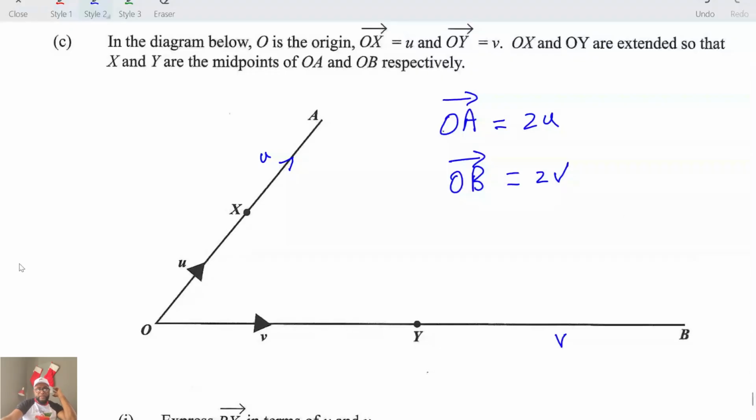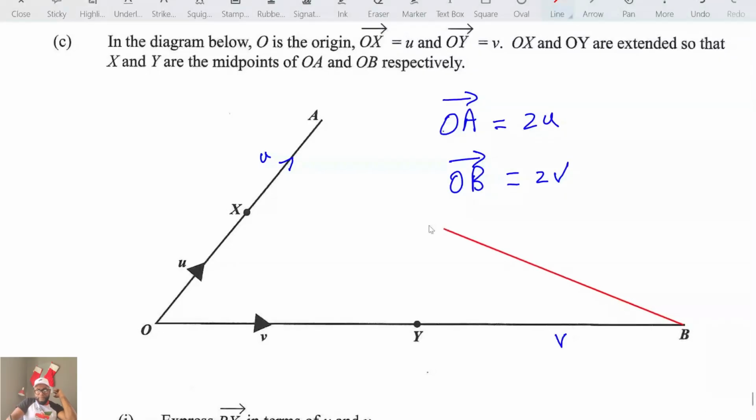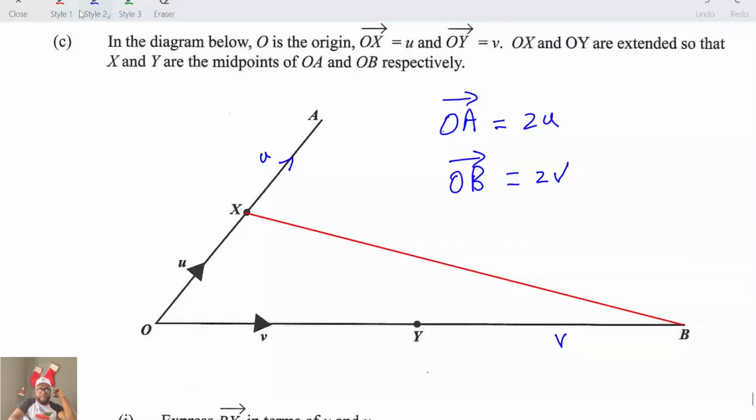Right, so we go in. Express BX in terms of U and V. So we want to go from B to X. I'm going to draw a line there now. You see that line there, Makeda? I put that direction too.